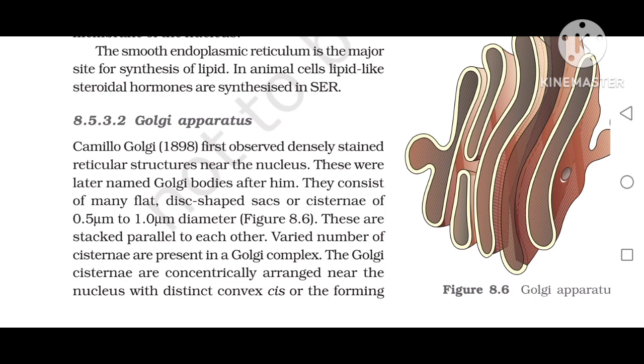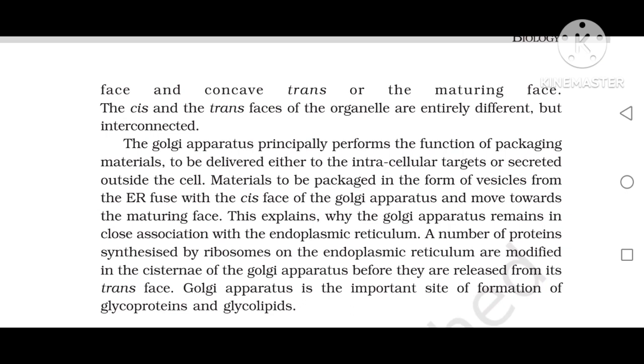The Golgi cisternae are concentrically arranged near the nucleus with a distinct convex cis or the forming face and a concave trans or the maturing face. The cis and the trans faces of the organelle are entirely different but interconnected.